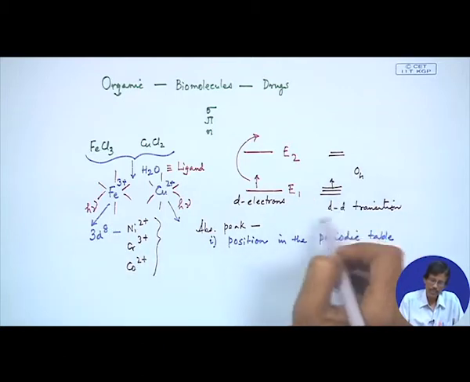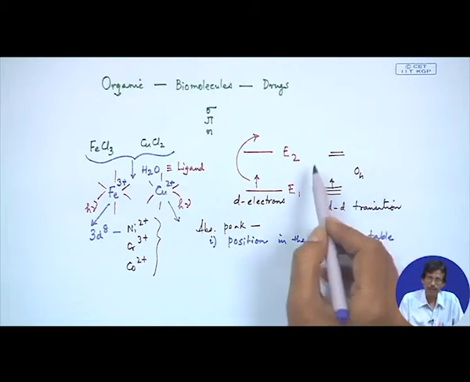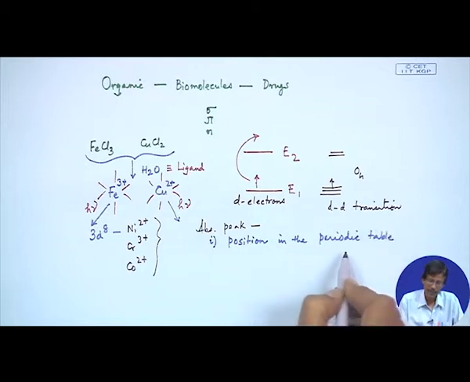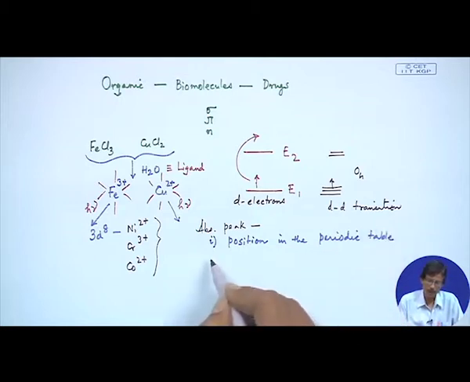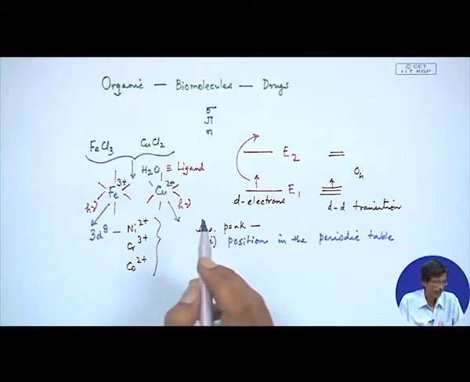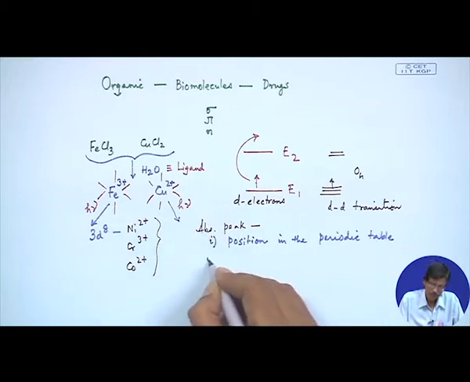How these 8 d electrons are arranged in all the available levels, and which electrons are responsible for your d-d transition, depends on the periodic table, because the number of unpaired electrons varies from chromium to nickel to cobalt to copper to iron. Then one more important thing is its oxidation state.